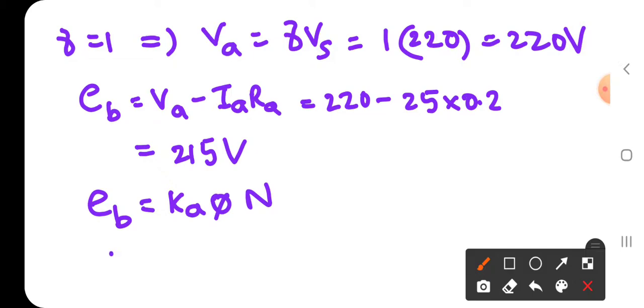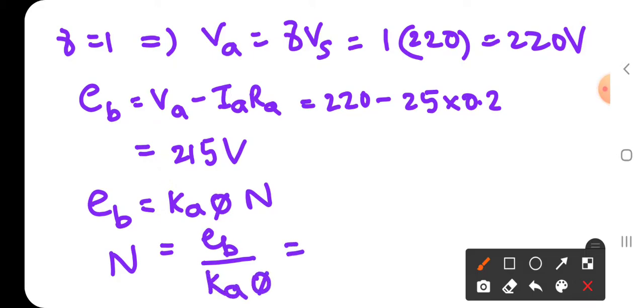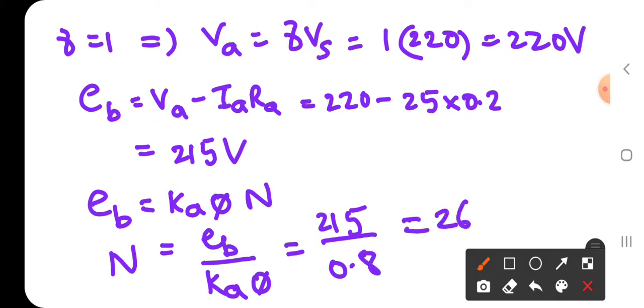So, hence N is equal to EB by Ka phi, where EB is equal to 215 over 0.8. This is 268.7 RPM.